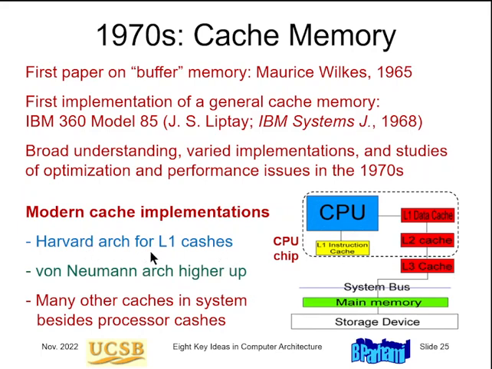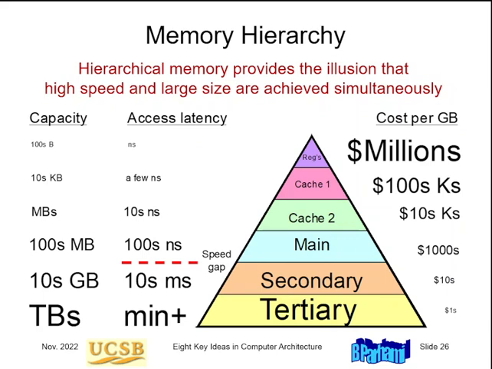Okay, so I'd say here that Harvard architecture is used for L1 or level 1 caches, meaning that the data cache and instruction cache are separate, and the von Neumann architecture, shared memory, is used for L2 and L3 caches. So we have the concept of memory hierarchy these days, where the fastest memory a CPU has access to are registers. Those are accessed in the same time frame as instruction execution time, so a few nanoseconds.